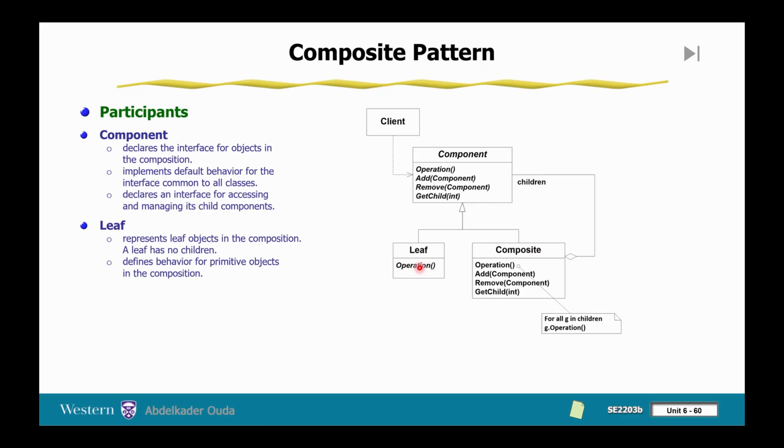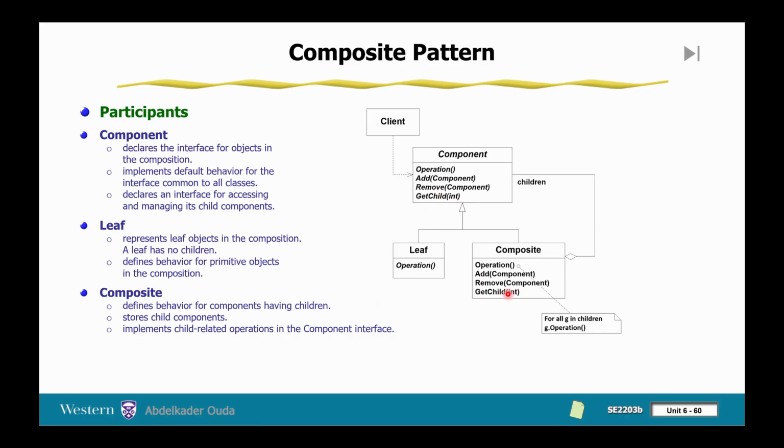The leaf should implement the actual operation, because the leaf knows how to operate itself. The composite needs to rely on its children by that link, so this operation relies on that children collection to call the operation method, and this is where we achieve the recursion.